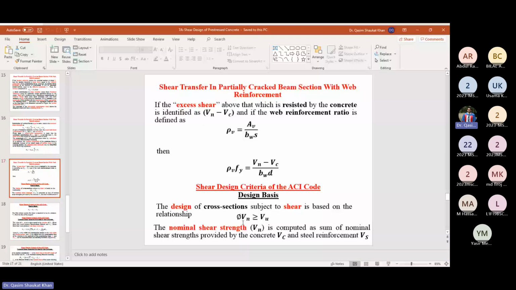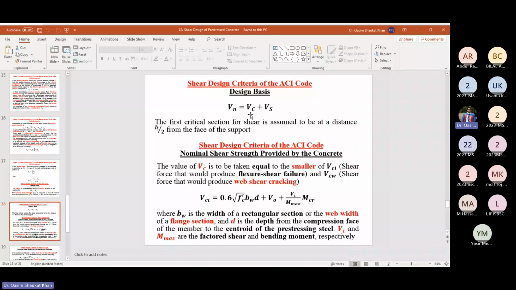The nominal shear strength Vn is computed as the sum of the nominal shear strengths provided by the concrete Vc and the steel reinforcement Vs.